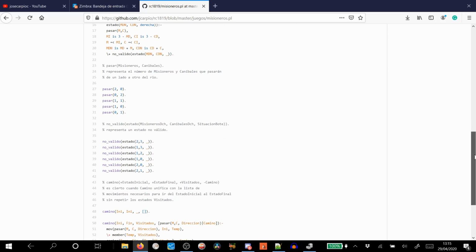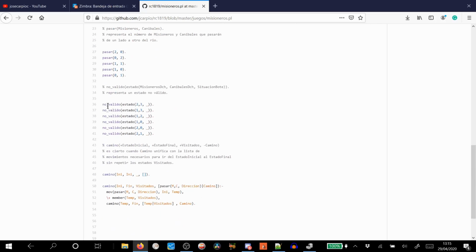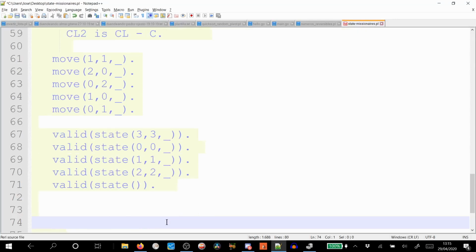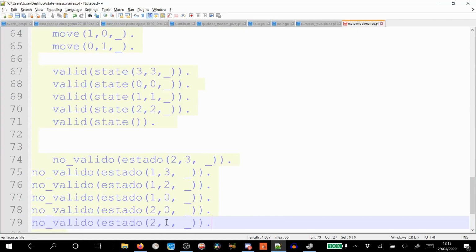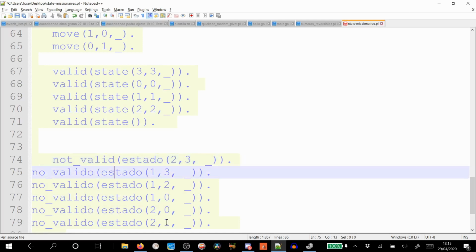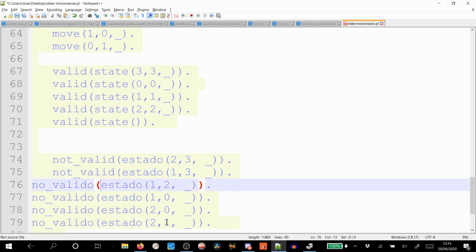In this case, you have a not-valid list instead of valid. Probably the list will be shorter. It's the same idea, but probably it's shorter with not valid.